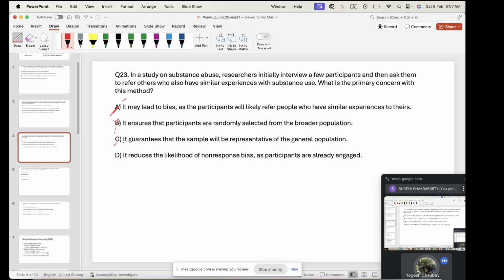There seems to be some problem with my pen here. Okay. And reduces the likelihood of non-response bias as participants are already engaged. No, we cannot say this for sure. So this one is the correct answer, option A.